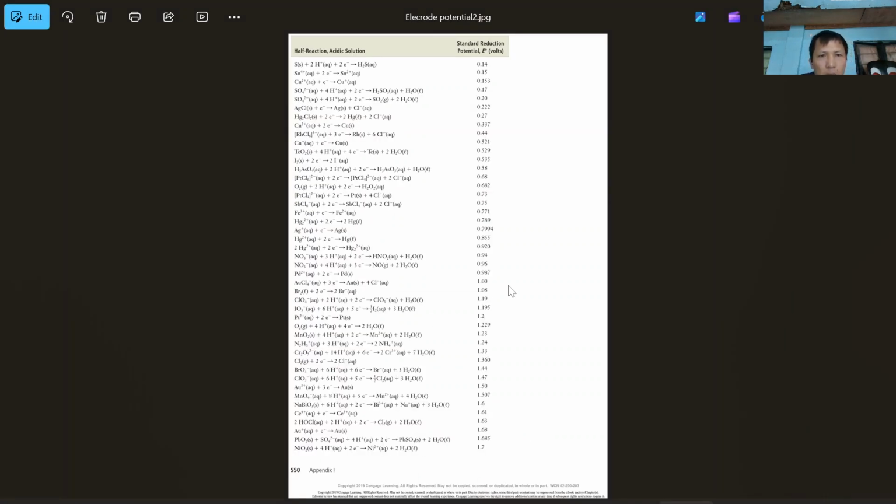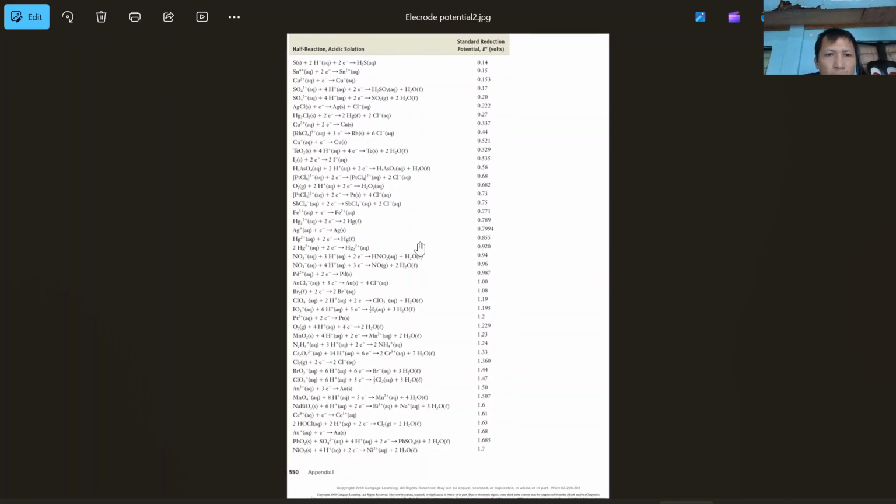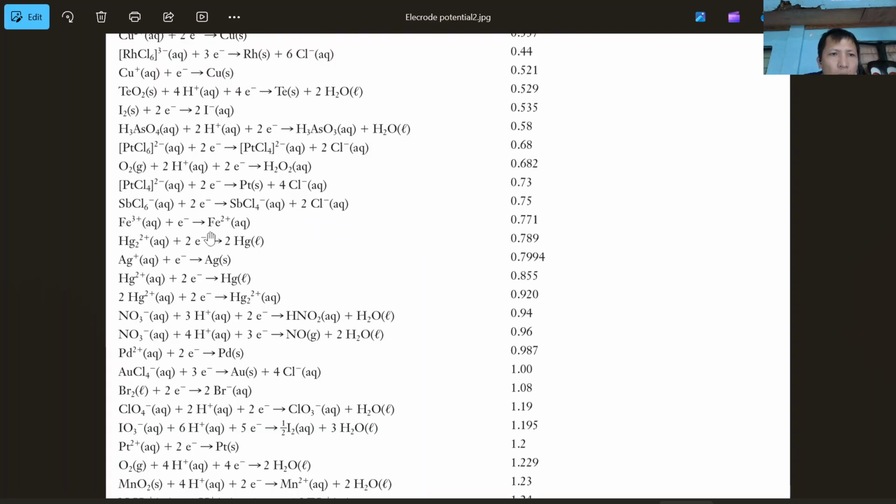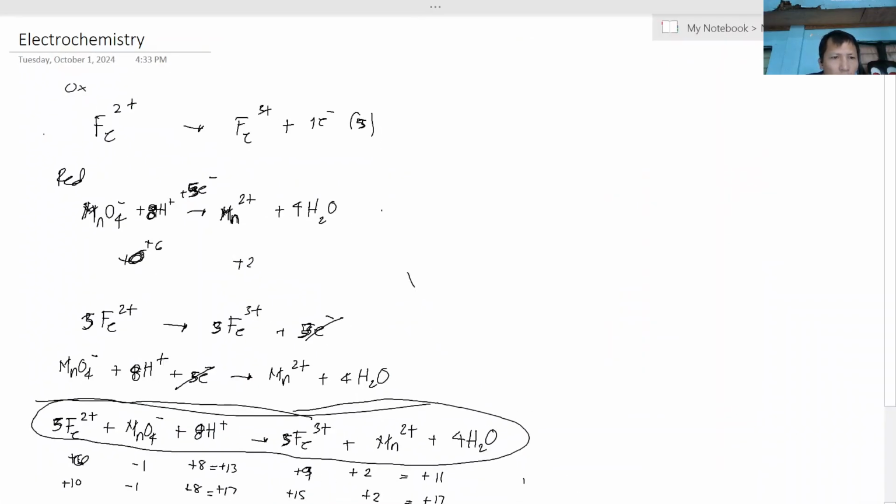So it's kind of reversed, because we have an oxidation, so this should be reversed. Because this is a reduction potential, so this is listed in terms of reduction. So that should be reversed. Yes, that's okay.